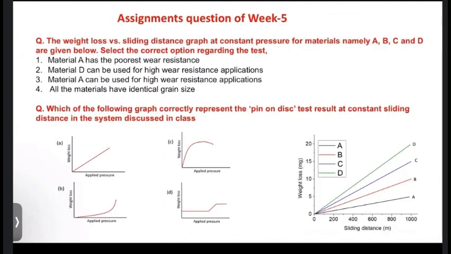Moving on to the assignment question of week 5. The weight loss versus sliding distance graph at constant pressure for materials A, B, C, and D are given below. Select the correct option regarding the test. Which test are they talking about? You will be able to answer this question if you know which test they are talking about.